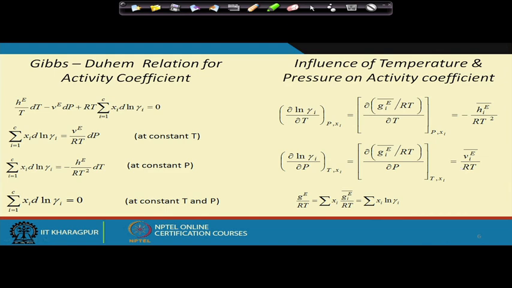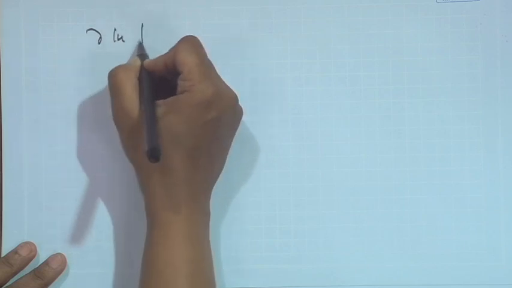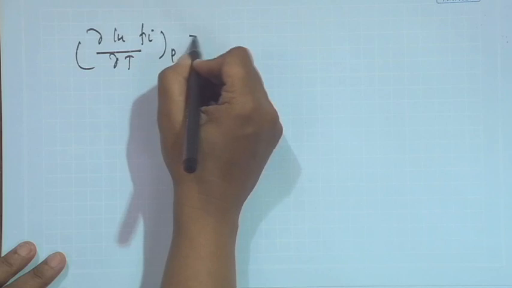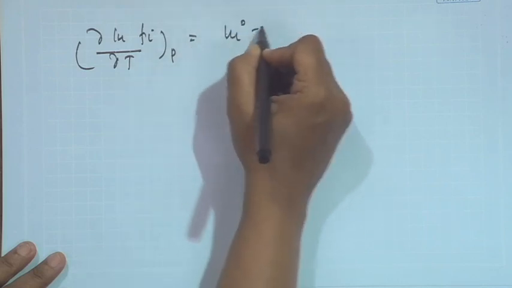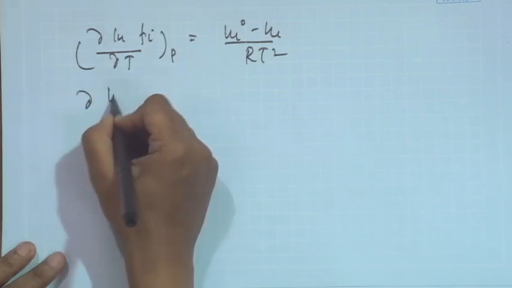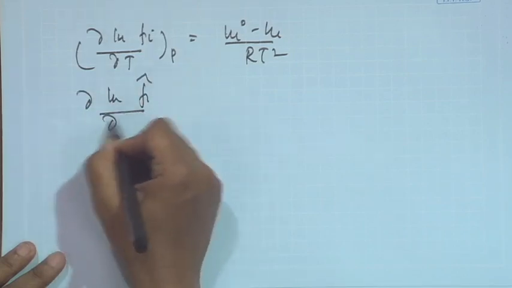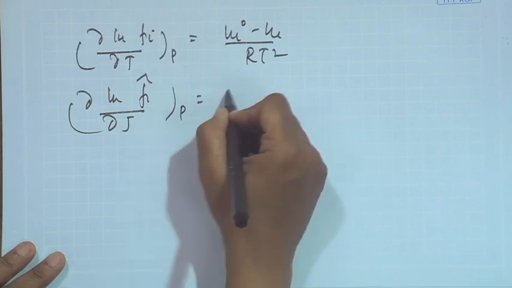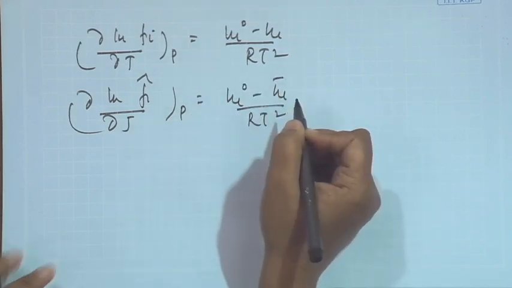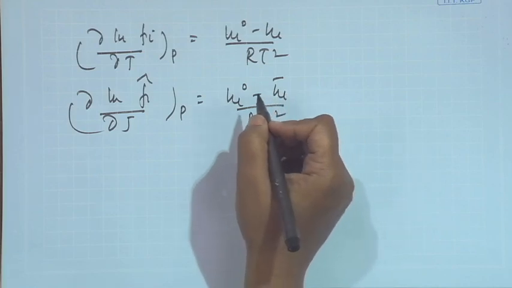In the same way, suppose we would like to find the dependence of γi on temperature. It should go on in the same way. It should be ∂ ln φi ∂T at constant P. If you recollect, this is nothing but (Hi0 minus Hi) by RT². In the same way, can we not write down for the partial molar fugacity (Hi0 minus Hi bar) by RT²?